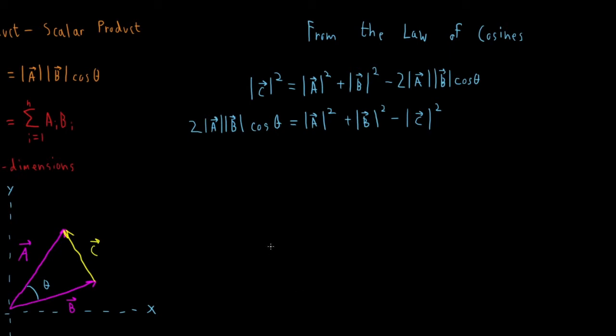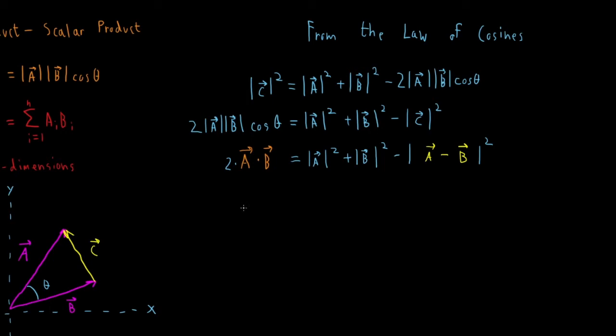Now we can see that this equation contains the geometric definition of the dot product. So, by substituting the dot product and the definition of C, we get 2 times the dot product of vectors A and B equals A squared plus B squared minus the square of the difference between vectors A and B.